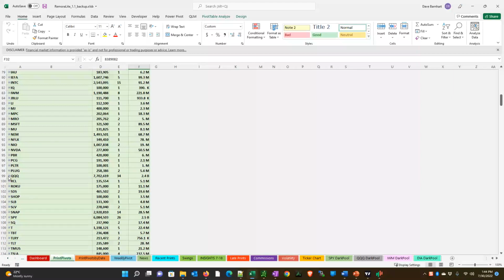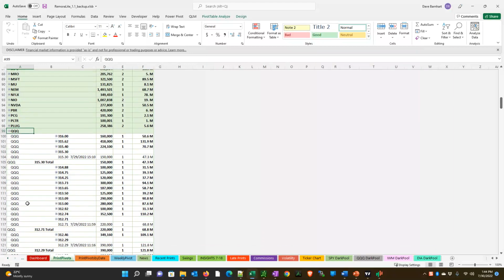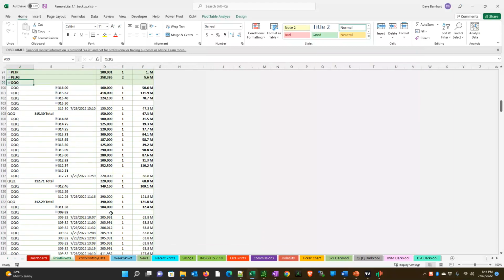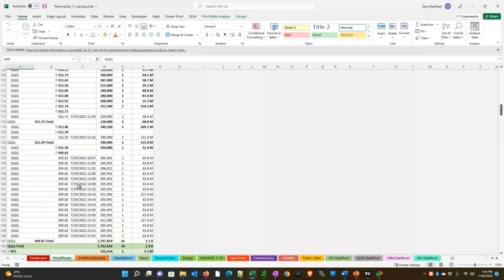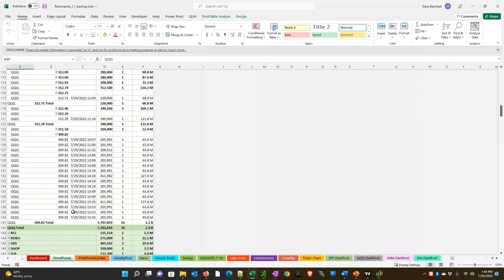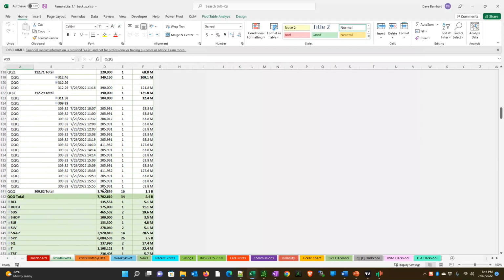okay, there's the Qs. And oh yeah, each of these little things you can click the plus and see when the times are for those. Now look at, here's the thing. Here were the ones for the Qs, and 309.82. Notice, see how I mentioned that these late ones have really weird share sizes, and so they're not tied to options, right?